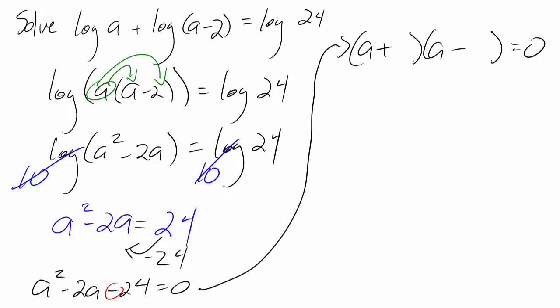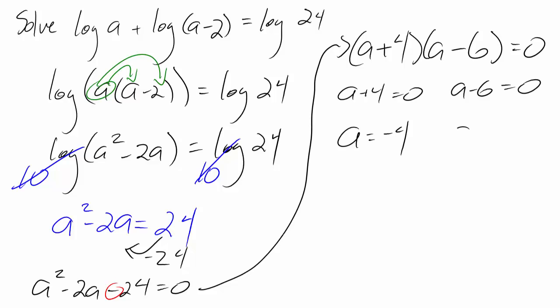In this case, that's going to be positive 4 and a minus 6. Right, so now we just take and set each factor equal to 0. So if a plus 4 is equal to 0, we know a will be equal to a negative 4. And if it's the a minus 6 that's equal to 0, then we know a is equal to positive 6.